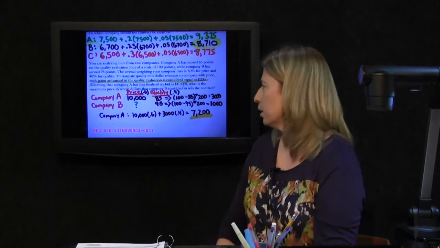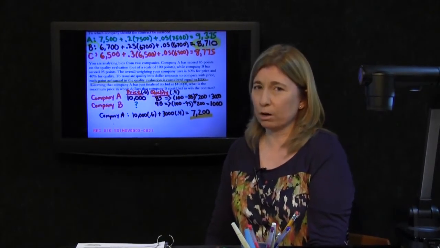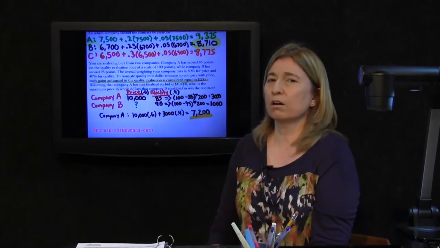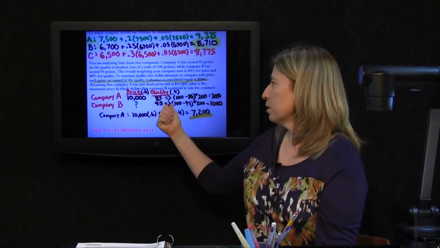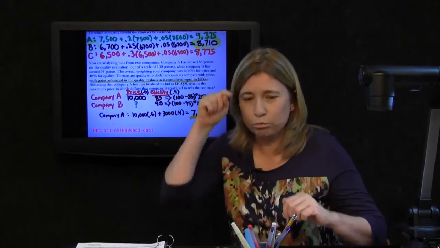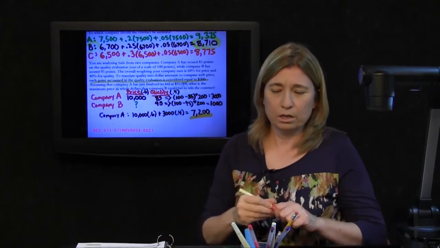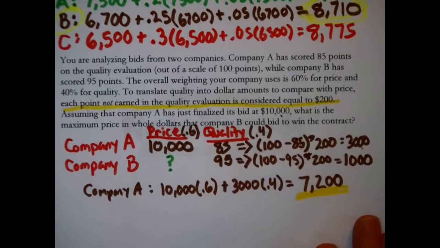Now, the one thing that we know about Company B is that their quality's better, so they're only carrying a penalty of $1,000, and that's worth 40%. But we don't know what the price is. We need to determine what price they should ask such that they actually win this competition.